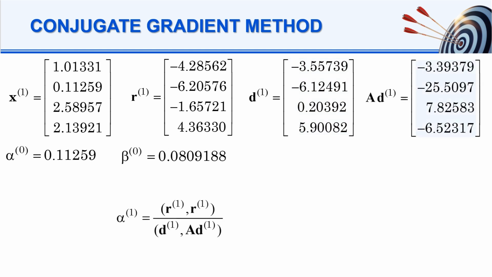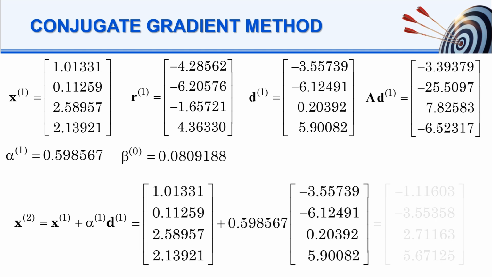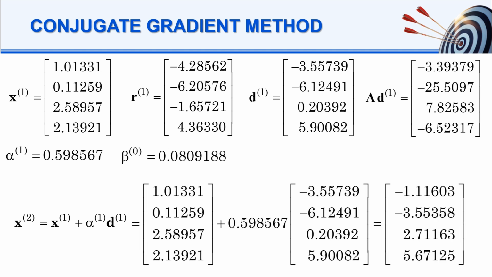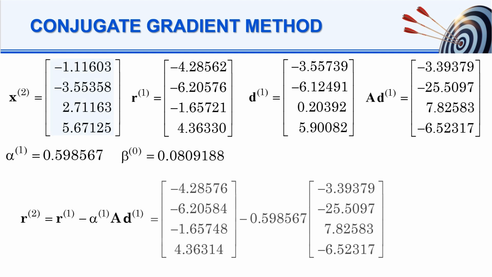With the vectors R, D, and AD at hand, the step size alpha is found as follows. We can now compute the second step estimate as follows. And the corresponding residual vector yields the following vector.